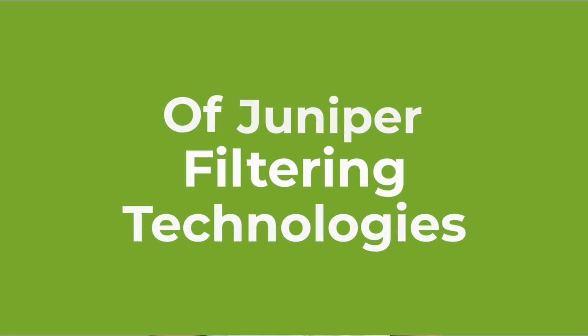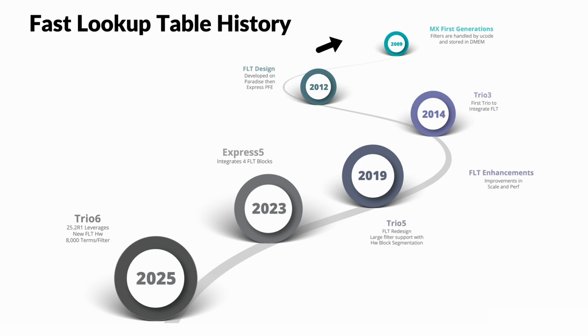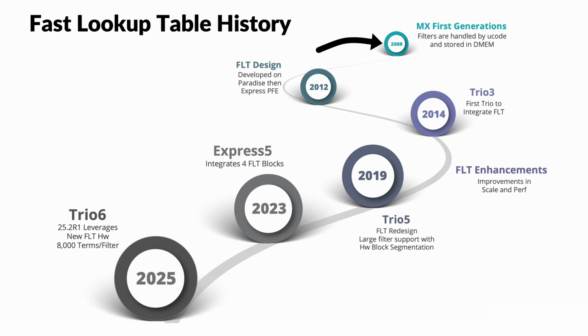Before we dive into the details, here is a quick look at the history of FLT. In the early days of Trio, filtering was handled by the ASIC's microcode. This is still the default method today, and it has also seen many improvements over time. The FLT block was originally designed for the Express ASIC family, and only starting with the third generation of Trio did we begin to bring the FLT concept into Trio as well.